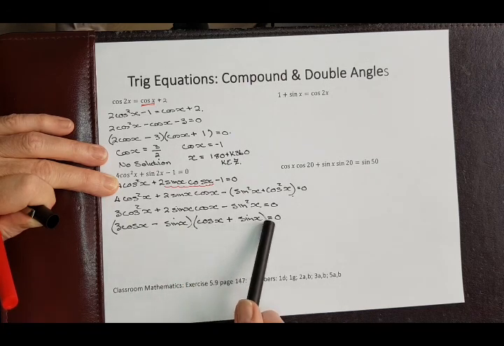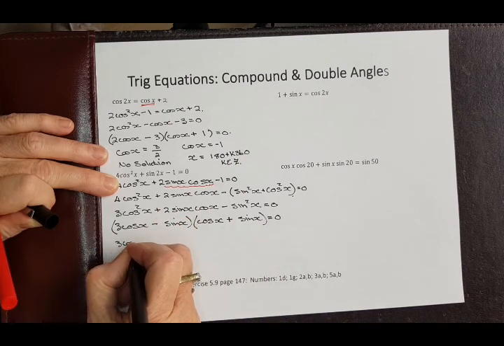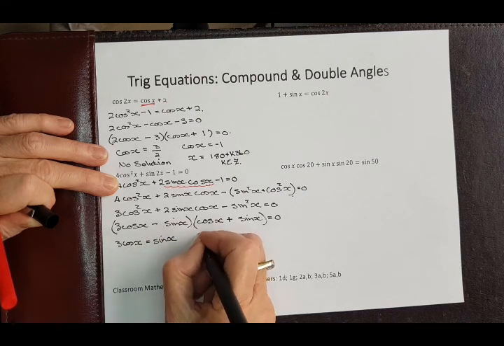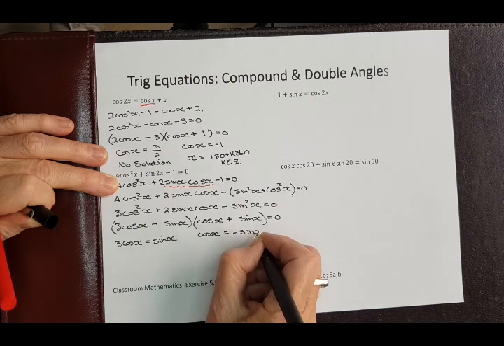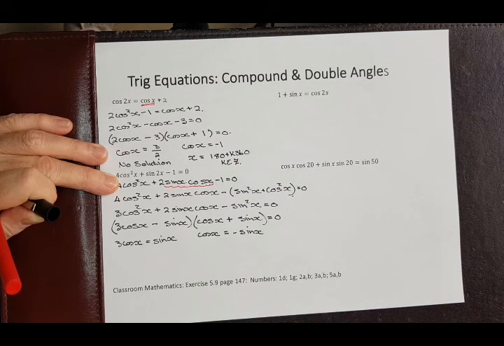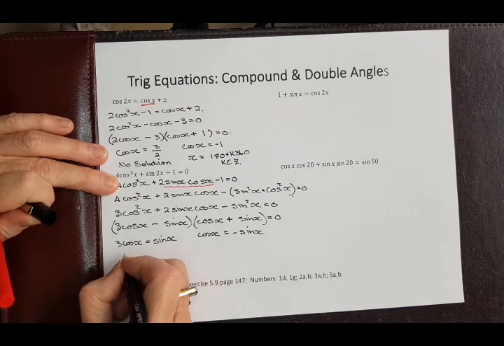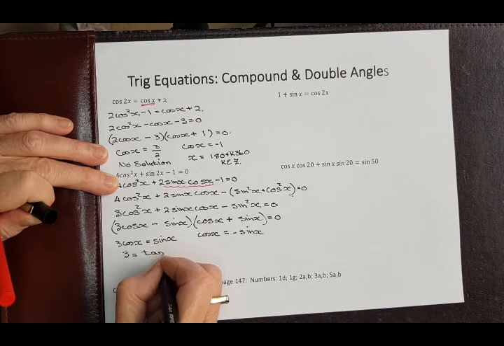The moment a product is equal to 0, I can say that 3 cos x is equal to sin x, and cos x is equal to minus sin x. When sine equals cos, remember I cannot use the co-function rule here because there's a 3 in front of that cos x, but what I can do is divide both sides of that equation by cos x and land up with 3 is equal to tan x.